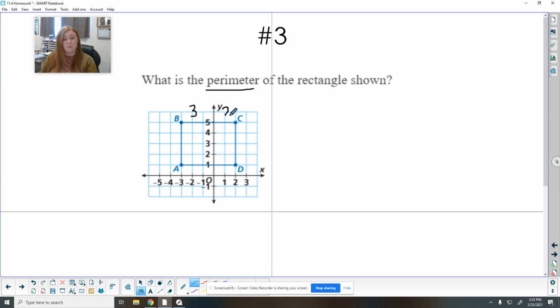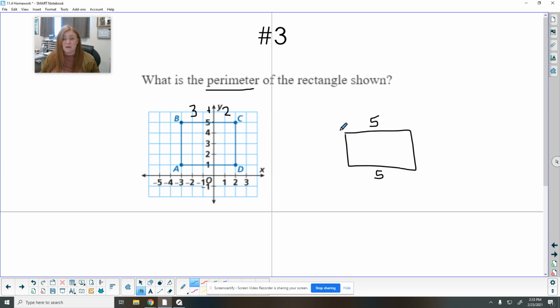That is 2. And we want to add them together because they're in different quadrants. That will tell us the side of BC, which is the same as AD. So whatever this side is, it's the same here, so write it down twice. 3 plus 2 is 5, and I want to put it here.